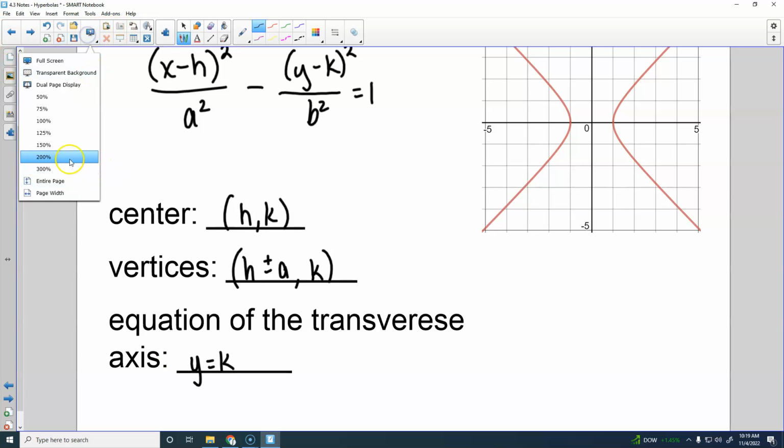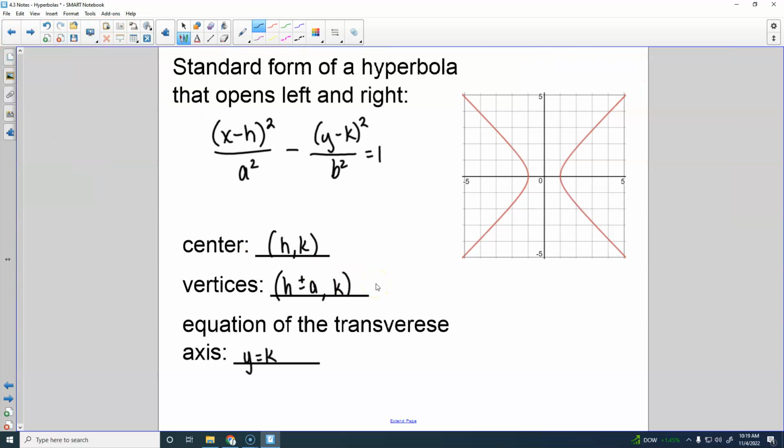And there are many other things I could make you learn about hyperbolas. There are formulas to find these slant asymptotes here. And those slant asymptotes help us see how wide or skinny the hyperbola is going to be. We could find the conjugate axis. We could find some different stuff.